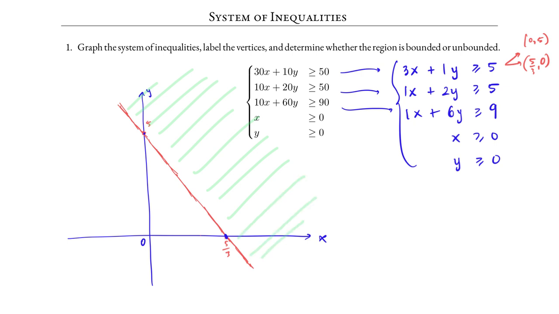For the second inequality, when x equals 0, y equals 5 over 2, and when y equals 0, x equals 5. Again, we grab the corresponding linear equation, and then we would shade after. That line would go through the 2 points.